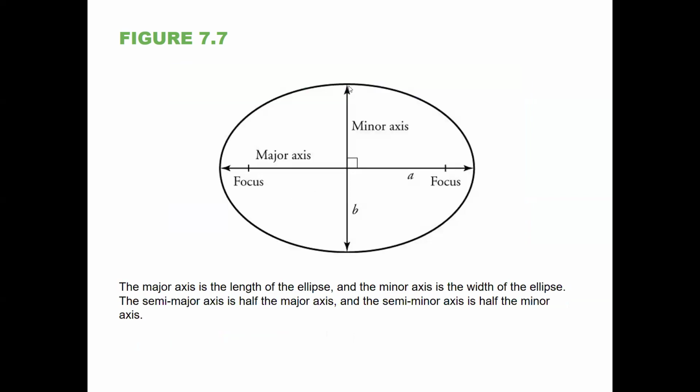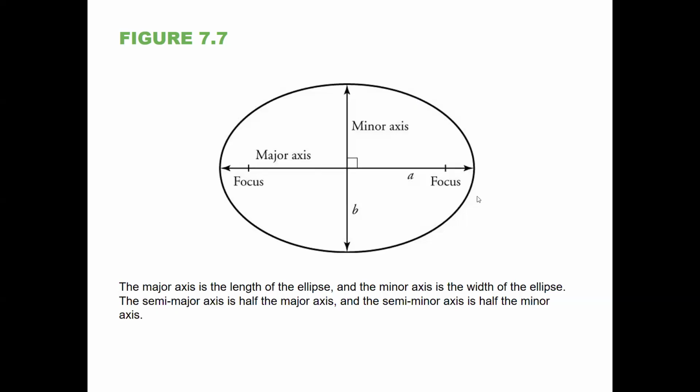So if we look at our ellipsoid orbit, we see that the major axis is the length of the ellipse. So here we have a major axis, and the major axis represents the length of the ellipse. The ellipse looks like an egg-shaped rectangle.